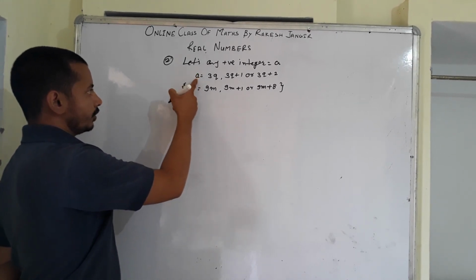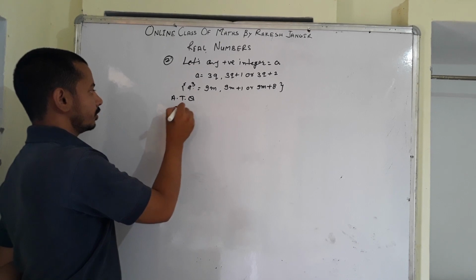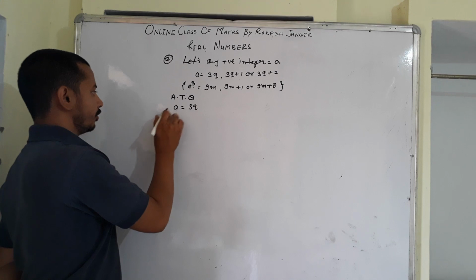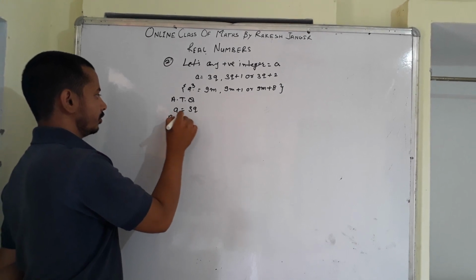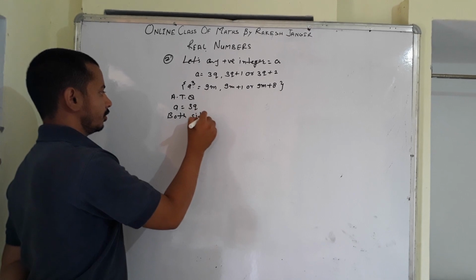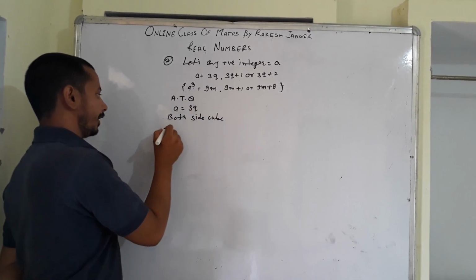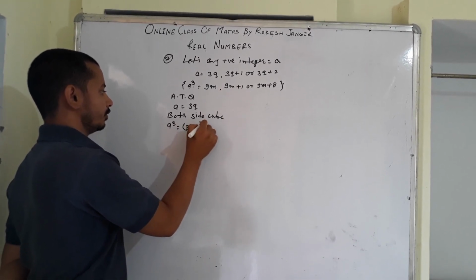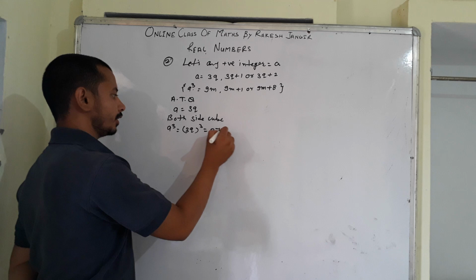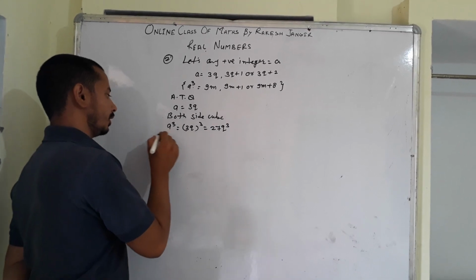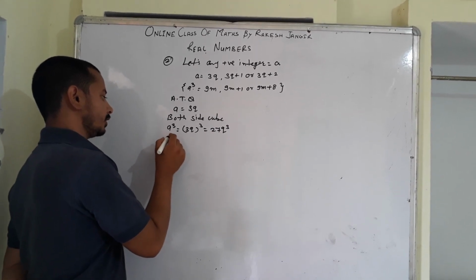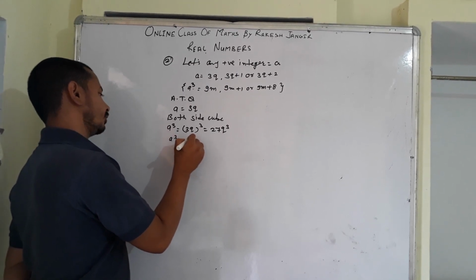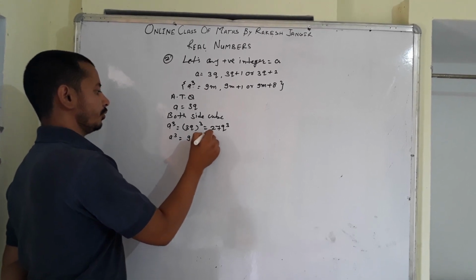At first we take a equal 3q. Cubing both sides, we find a cube equals 3q whole cube, which equals 27q cube, and we write the last step in the form of 9 multiply 3q cube.